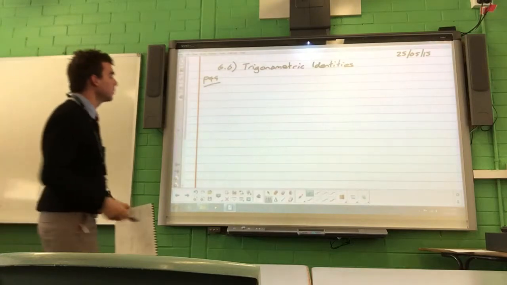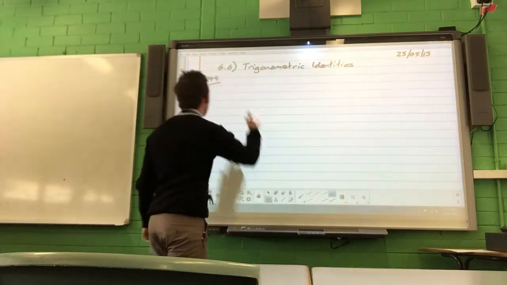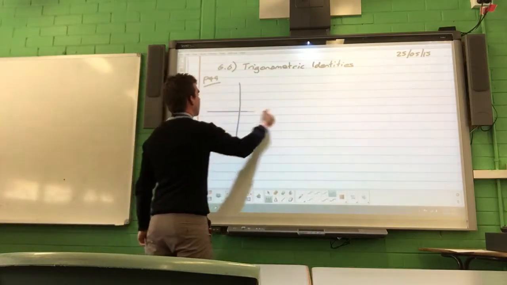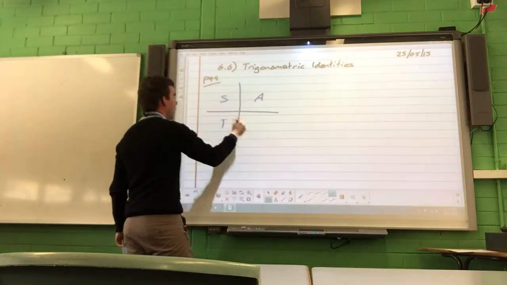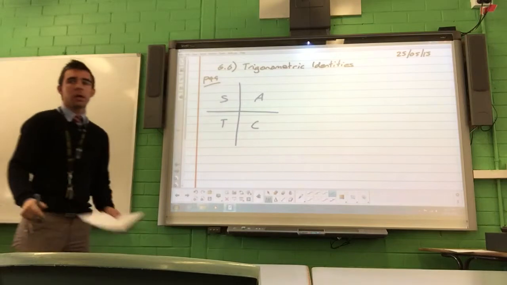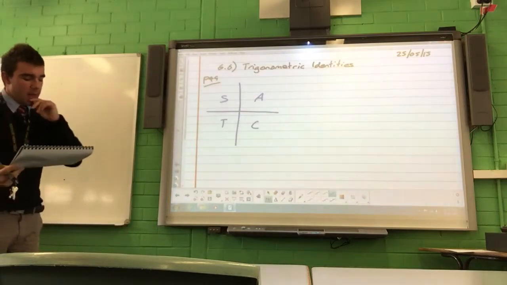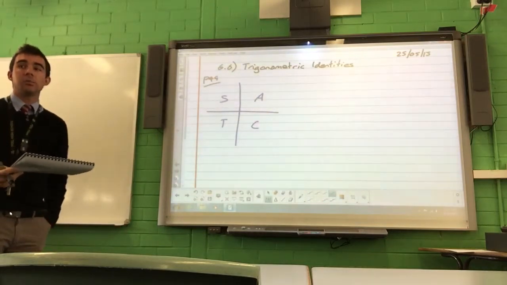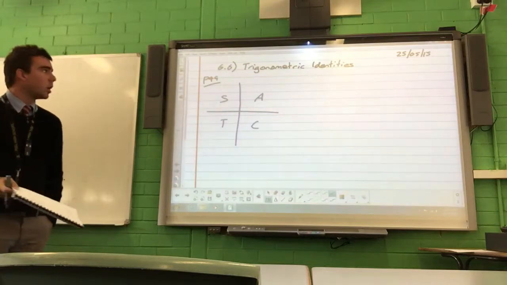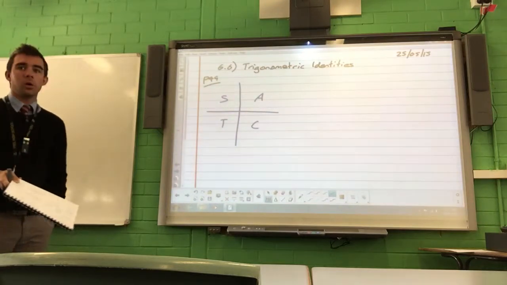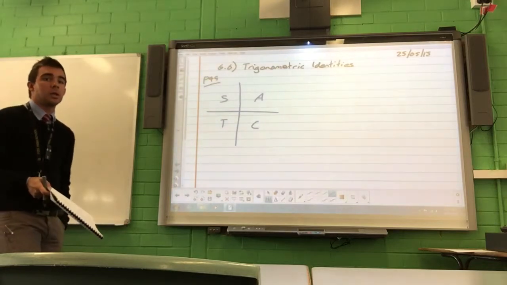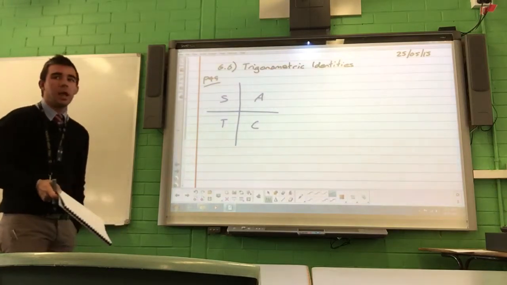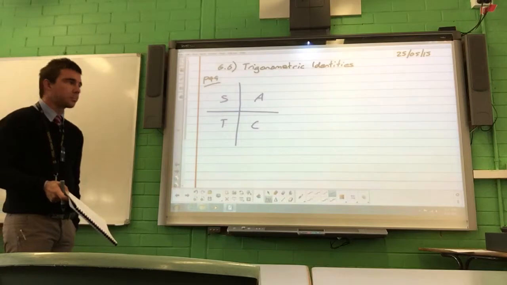So basically, before I do trig identity, a quick summary of the last couple of lessons. We're considering our quadrants. We have gone through the proof early last week where either sine, cos or tan is positive in the following quadrants. In the first quadrant, all three ratios are positive. So in other words, if you take an angle between 0 and 90 for sine, cos and tan, you'll get back a positive result.